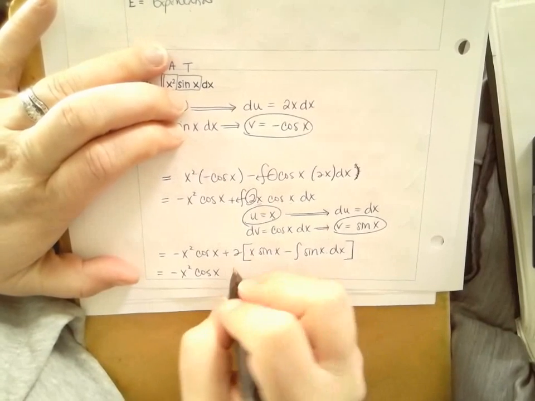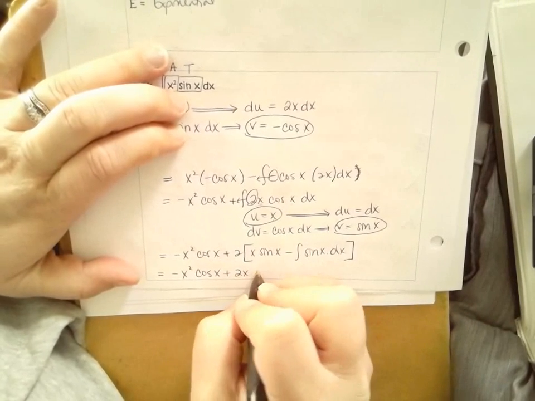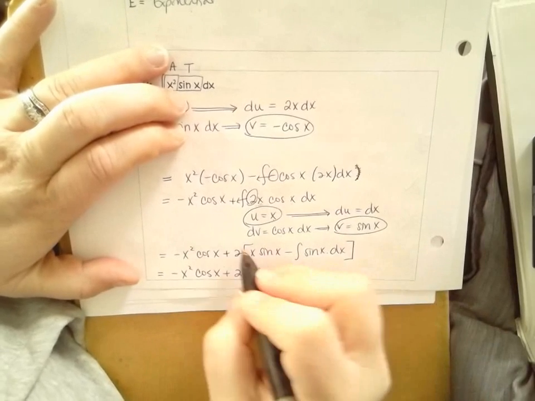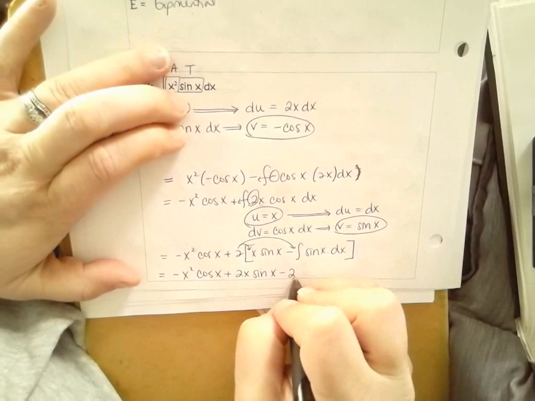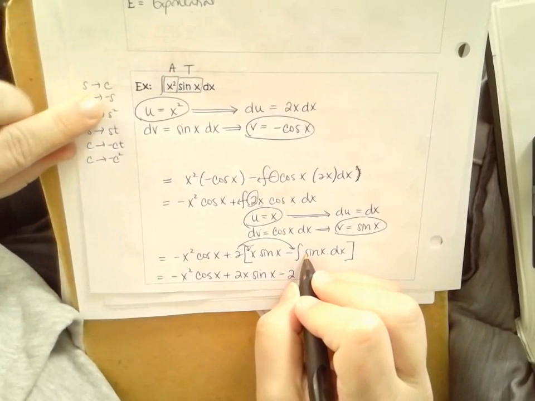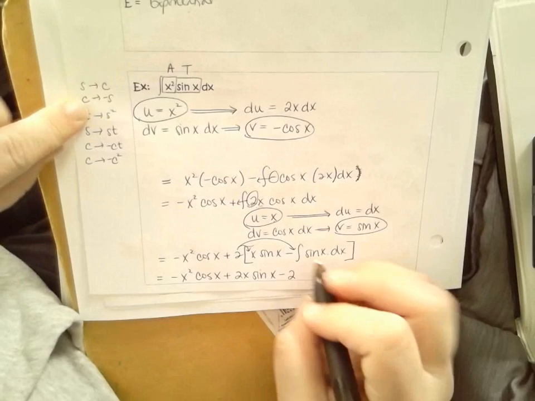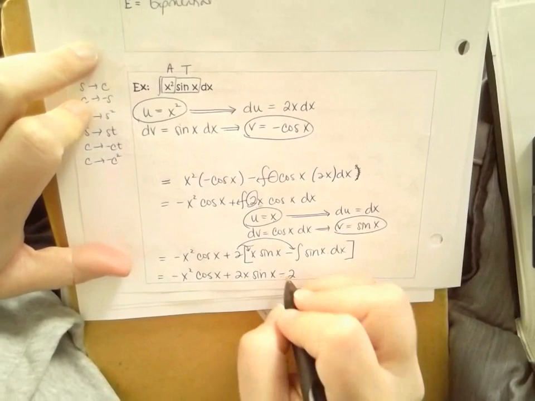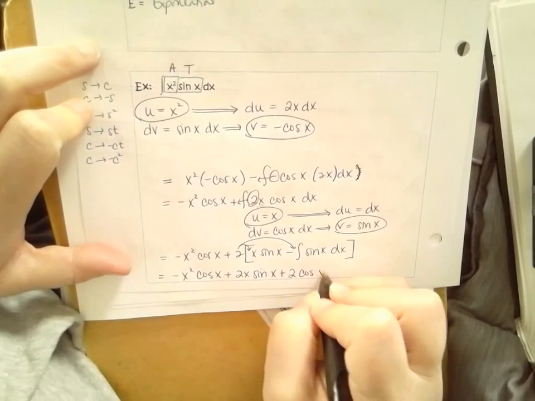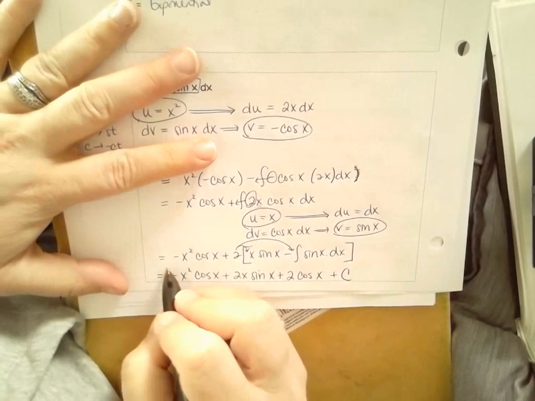I'm going to distribute this 2. I get 2x sine x. This 2 also comes in front of that. And the integral of sine would be negative cosine. So I'm going to change this right away, this negative, to a positive, and finish up my integral.